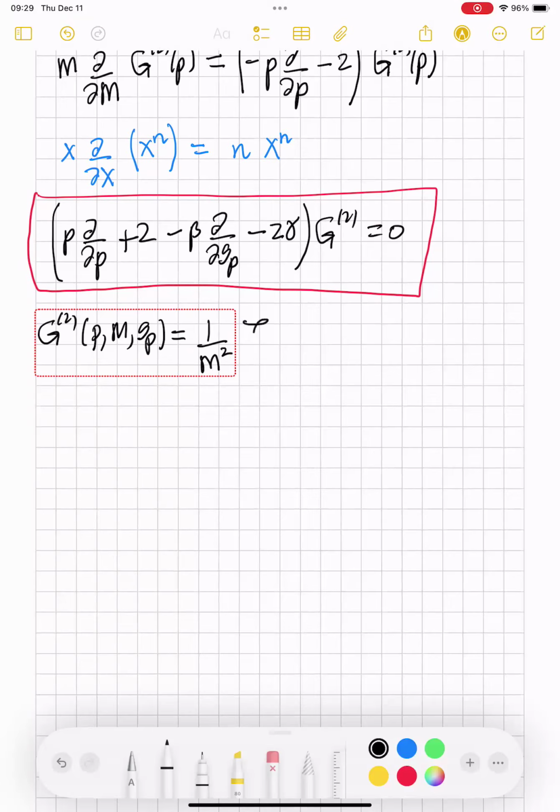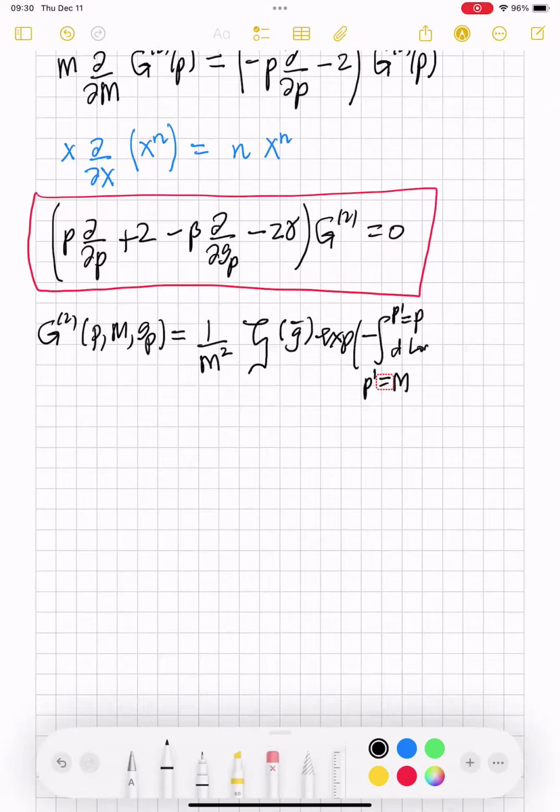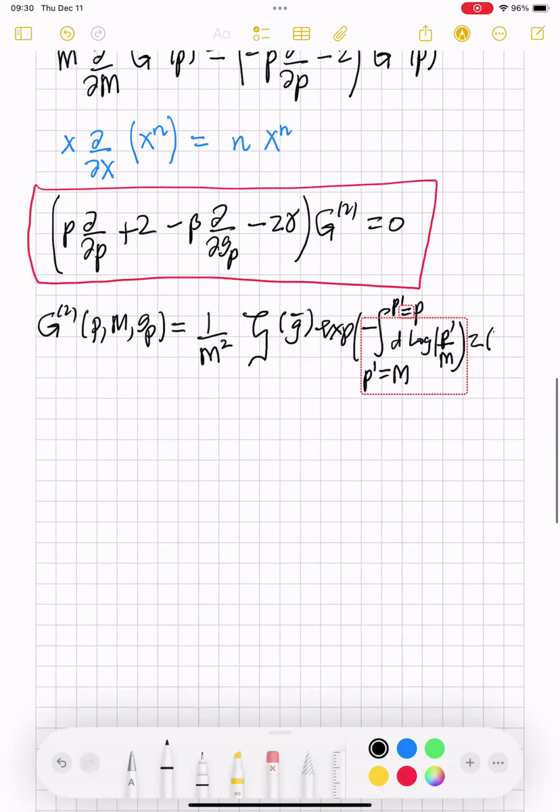Then we've got a dimensionless function, curly G of g bar, and we've got an exponential of minus the integral from p' equals m up to p' equals p, of d log(p'/m), times 2 minus 2 gamma.